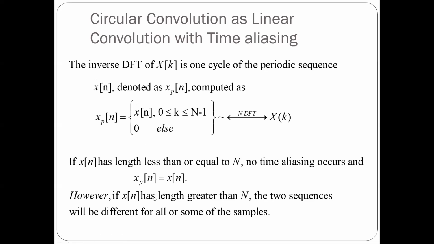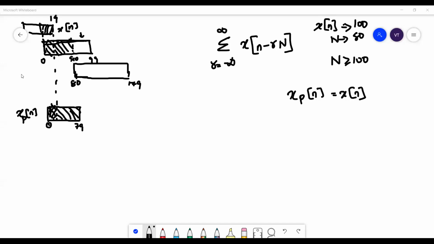However, if x of n has got a length greater than N, as we had seen in the previous example, x of n had a length equal to 100 and capital N was equal to 80, then the two sequences will be different for some of the samples. So, which are the values for which the two sequences were different?